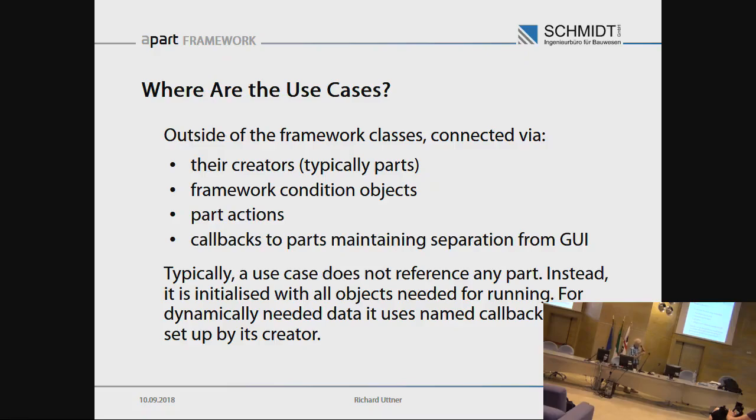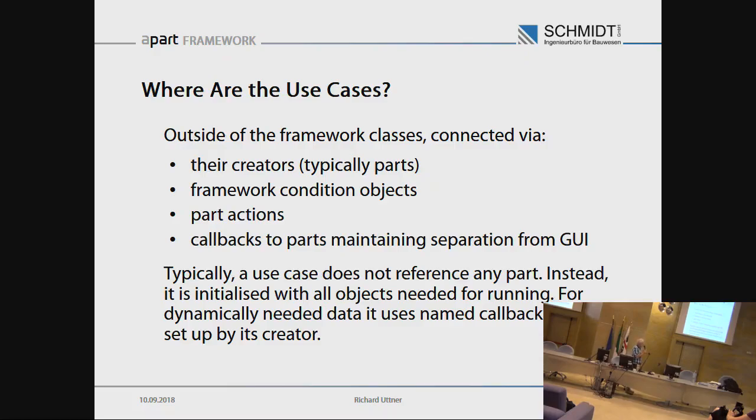Normally you have a code block there that is provided by the part, and if the part decides, well, if this action is executed, I instantiate a specific use case, provide this data, and the use case runs, then the separation is perfect.